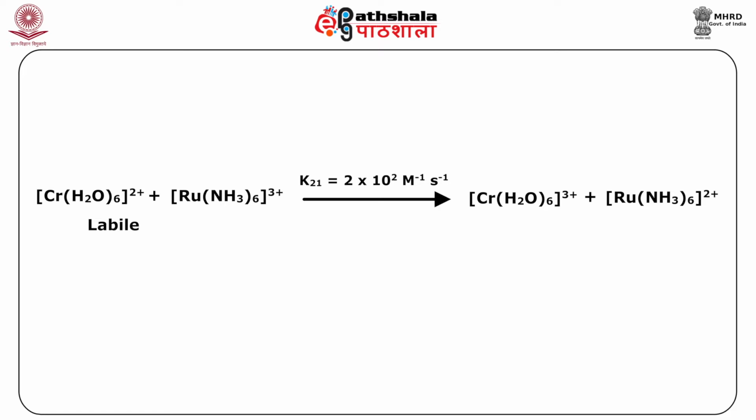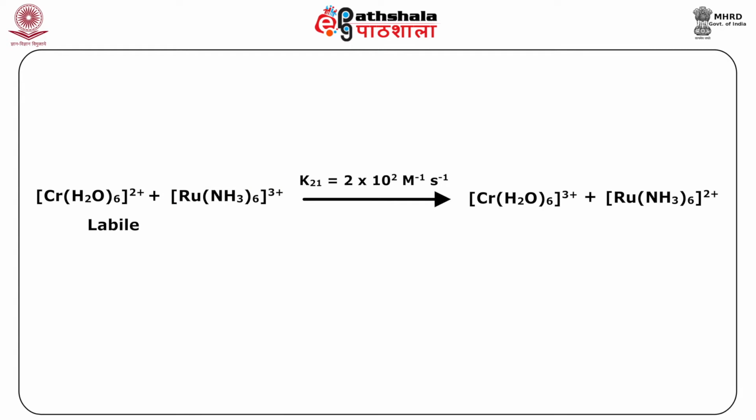In the outer sphere, both the complexes are of the same metal and almost the same ligand. They differ by just the oxidation number. In the inner sphere, one of the complexes has a labile ligand, or a ligand that is capable of bridging between two centers. But in this case, one is a labile complex, that is well known, chromium hexa-aqua, and one is inert D6, that is Ru hexamine 3 positive.